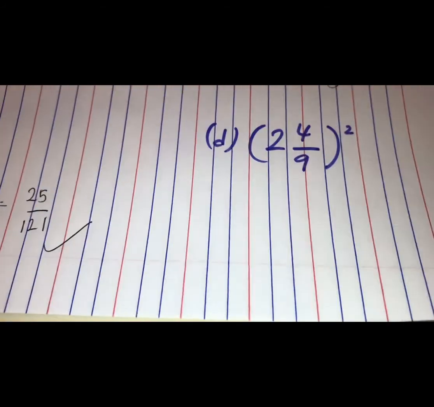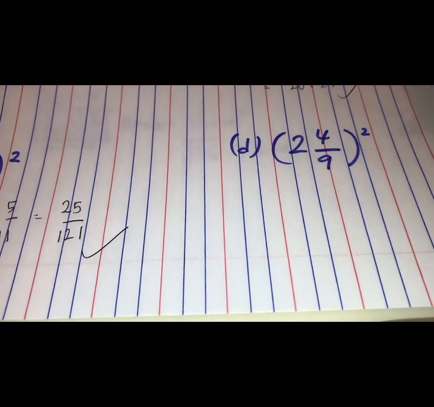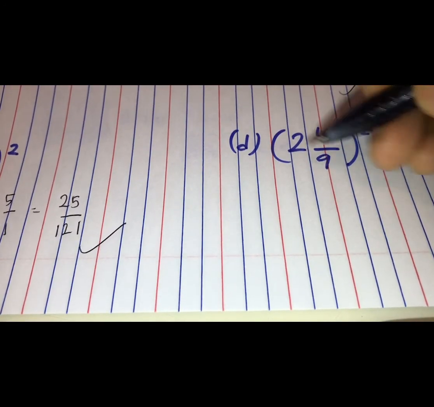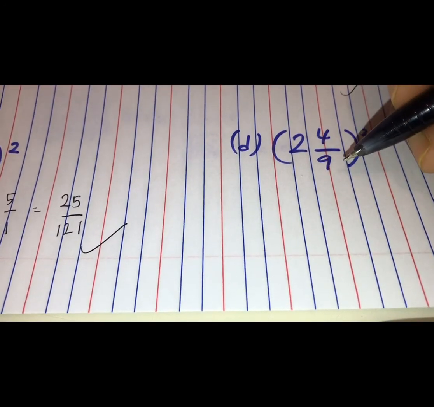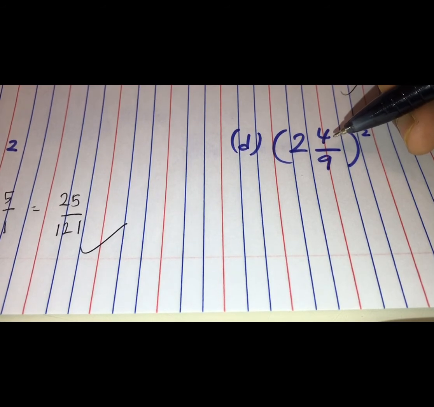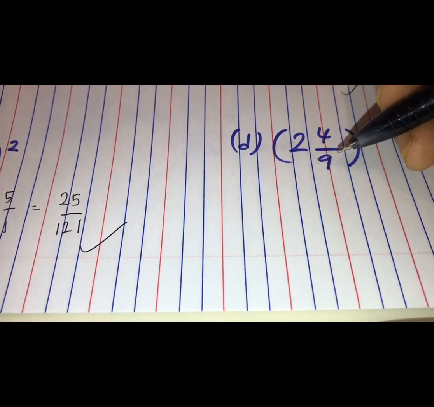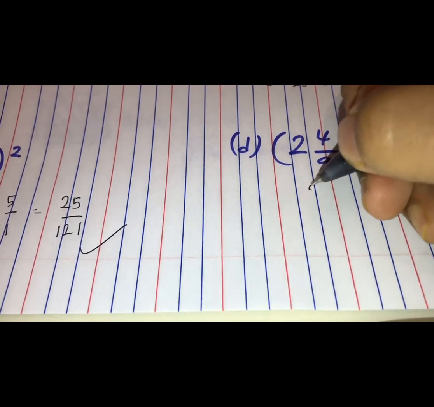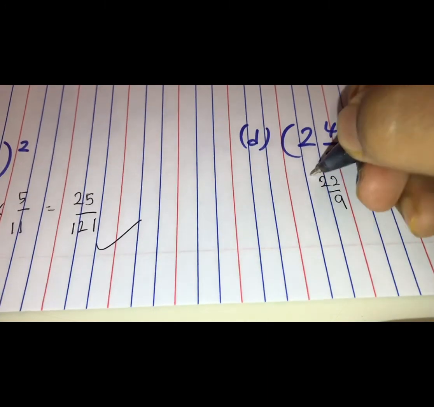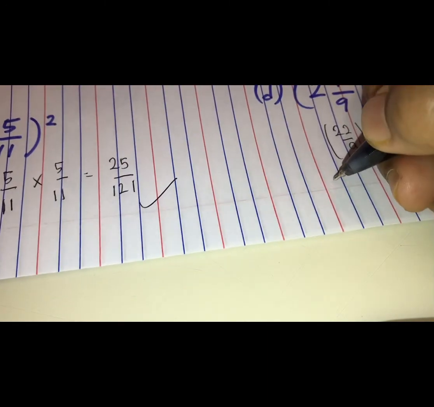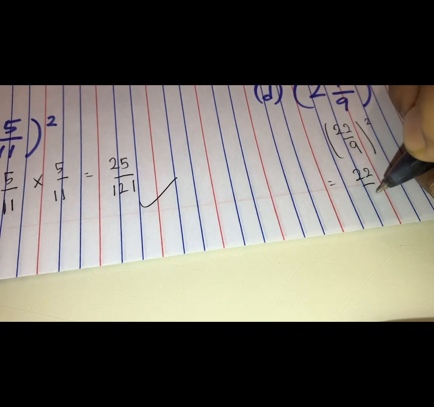Then 2, 4 over 9. Change this to an improper fraction. 2 times 9 plus 4. So 2 times 9, 18. 18 plus 4, you get 22 over 9 square, right? So write it in expanded form, 22 over 9 times 22 over 9.